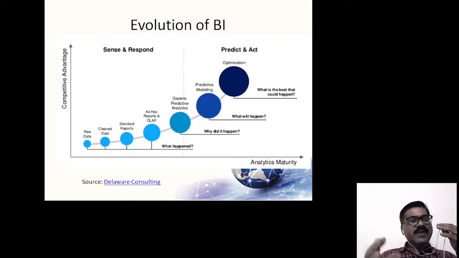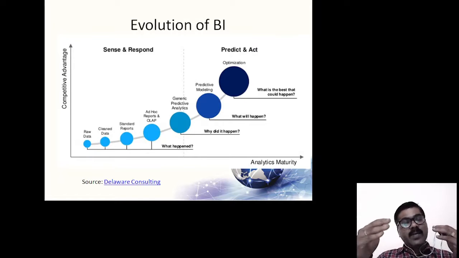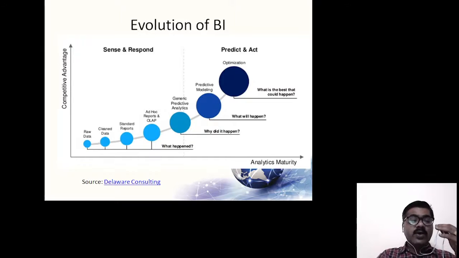Then we developed in such a way that we can generate ad hoc reports using OLAP techniques. The ad hoc report tells what happened, and generic predictive analytics says why it happened.